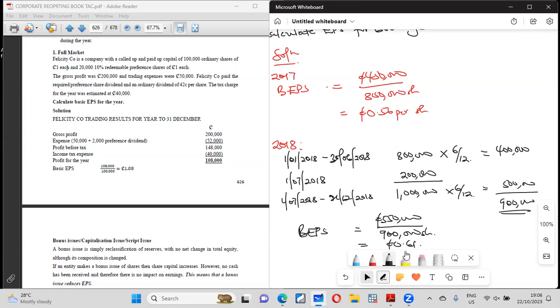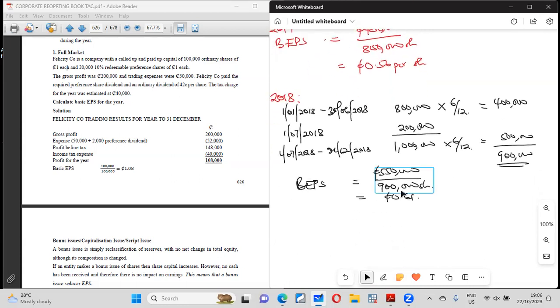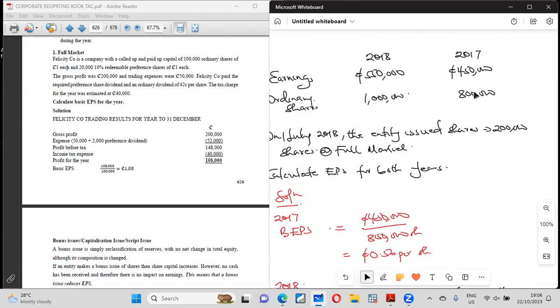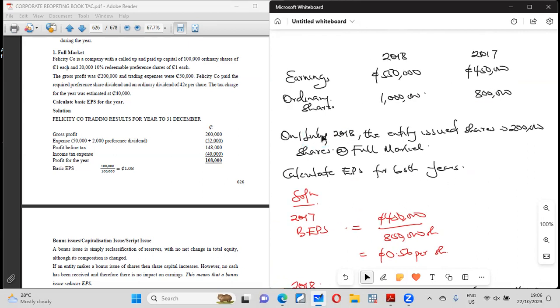Now, the new thing that you have seen here is the understanding that the 800,000 shares, which was the balance carried down in 2017, will last until the period there was a new issue. And the new issue was done in July 2018.